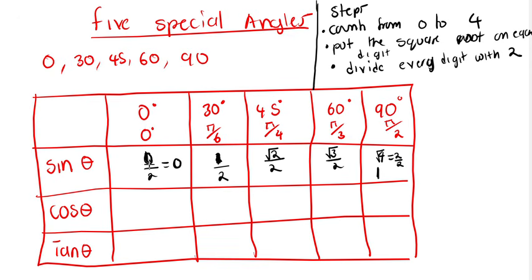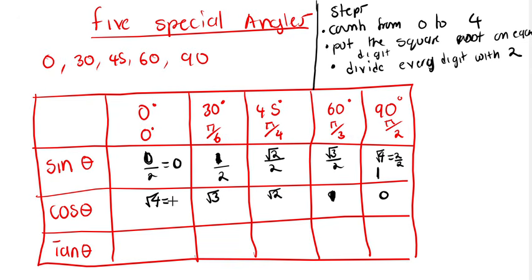Now remember that we counted from this side 0, 1, 2, 3, then 4. Now we start counting from this side. You're going to say 0, 1, 2, 3, then what? 4. So what I'll do, I'll go to the next step, put the square root on each number. The square root of 1 is 1, right?